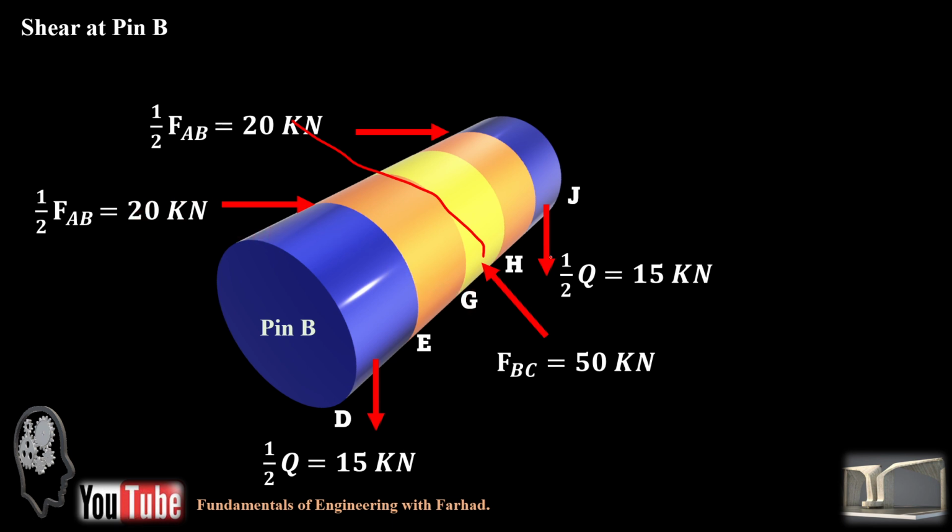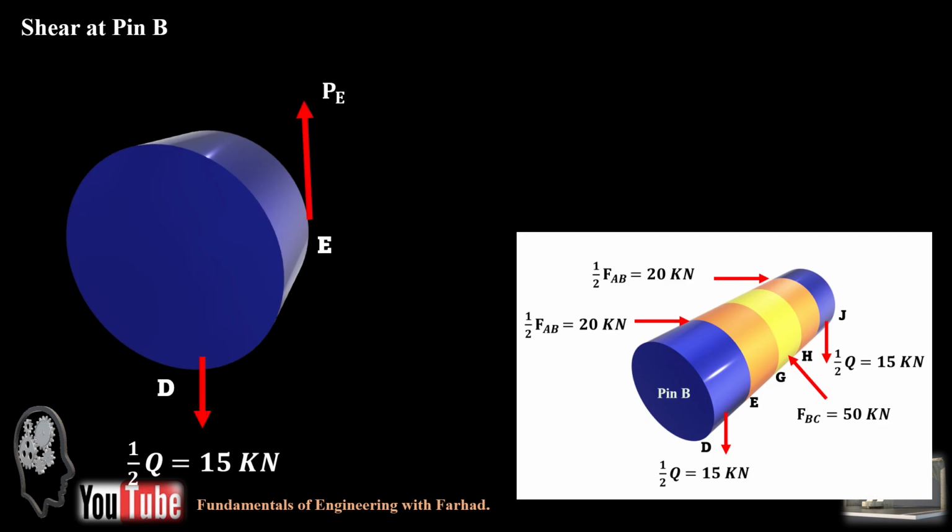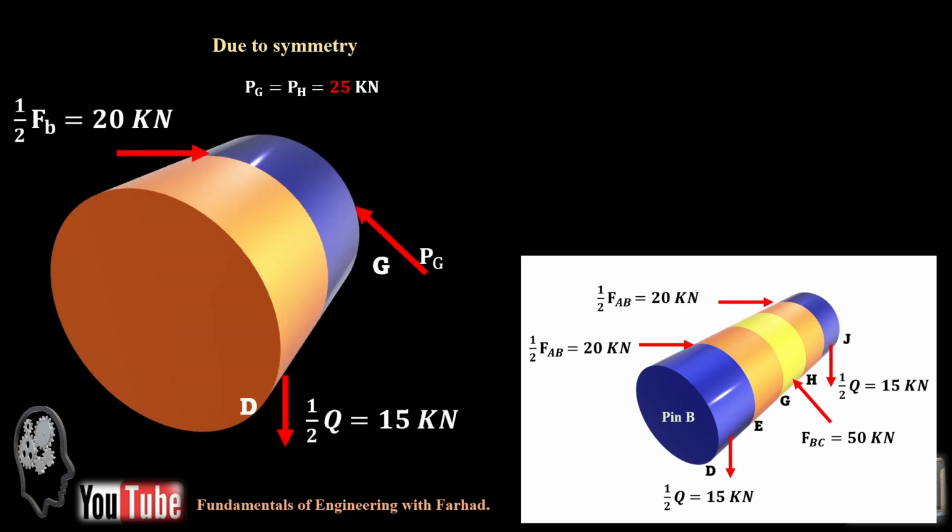And then we put half of this force over G and half at H, that's 25. So you can easily see, you can put it like this. Then due to symmetry, PG equals PH, which is 25.